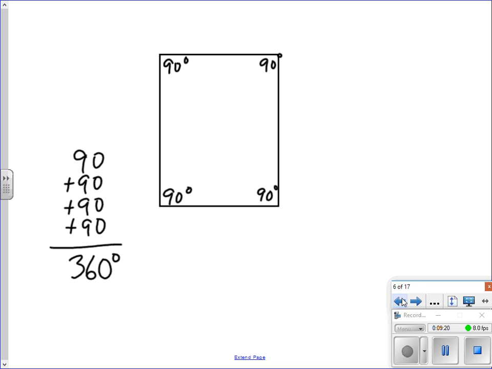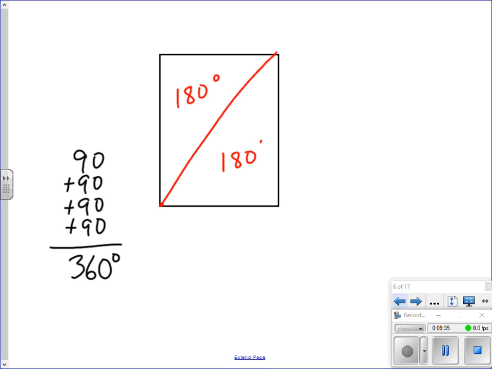Now also, if you think about it this way, if you take a square or a rectangle, you can divide it into 2 triangles, and each triangle is 180. So that also is 180 and 180, which is 360.